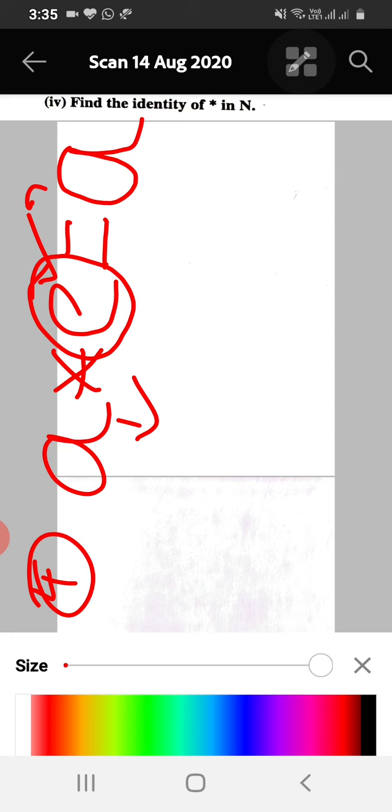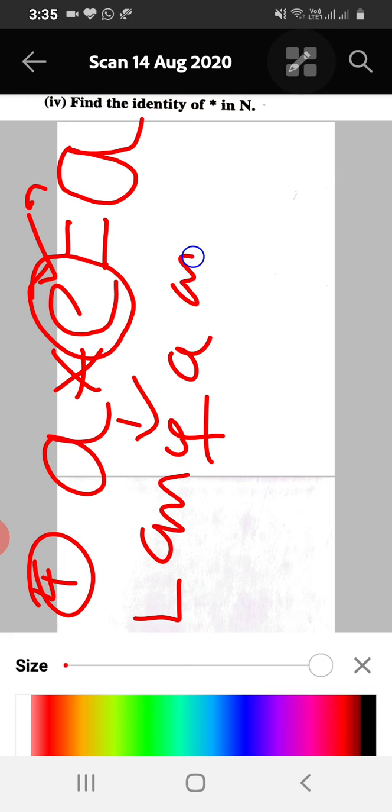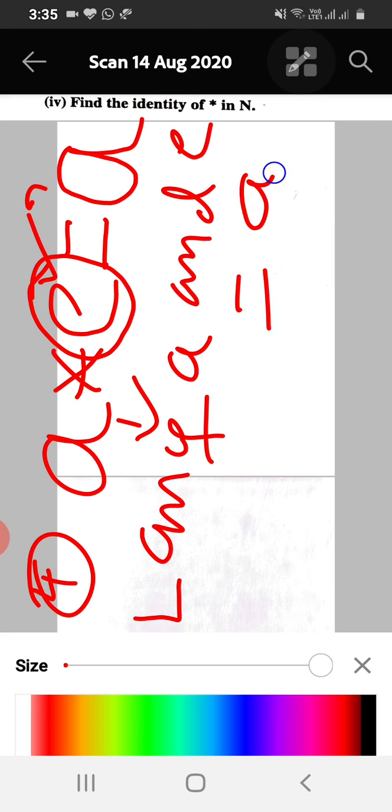A star E means, according to the definition, LCM of A and E. LCM of A and E should be equal to that element only. Then what is the element E? What is the identity element? For example, see, if I combine these two, I should get back that element.